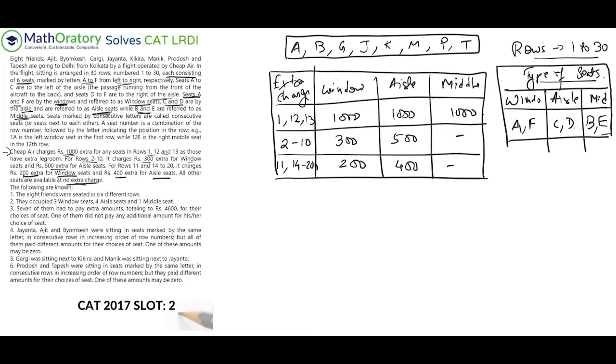Now it says the 8 friends were seated in 6 different rows. Great, so a combination of 6 rows. Whenever I look at this, I always try to think about overlap. You have 8 people in 6 rows, so that's a close enough number.